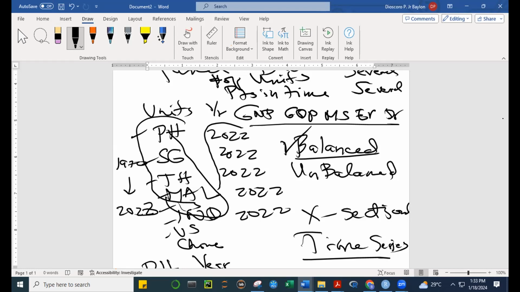Okay. If in the case of, in the change of the period class 1970, 71, 72, may naaalis sa data set natin na units, tapos may nadadagdag na iba. Okay? Kunyari, si US, no? Hindi siya kasama noong 1970. Pero noong 1980, pumasok siya. No? Si China, kunyari, previously hindi siya kasama sa data natin.